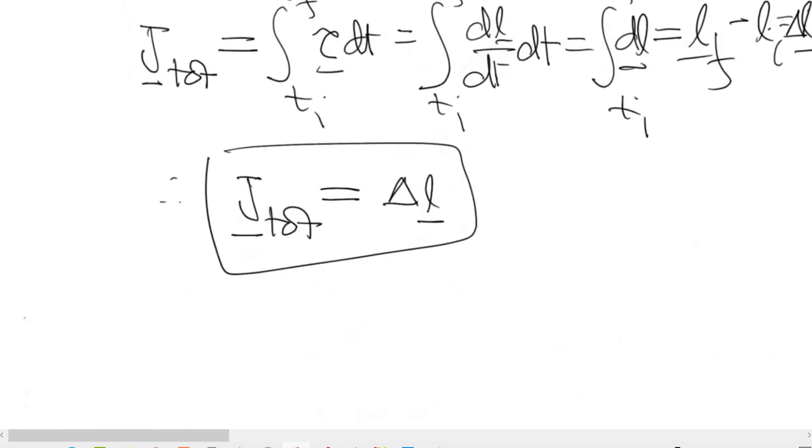Okay, next we shall consider the conservation laws of linear momentum and angular momentum. This is the last topic of this lecture.